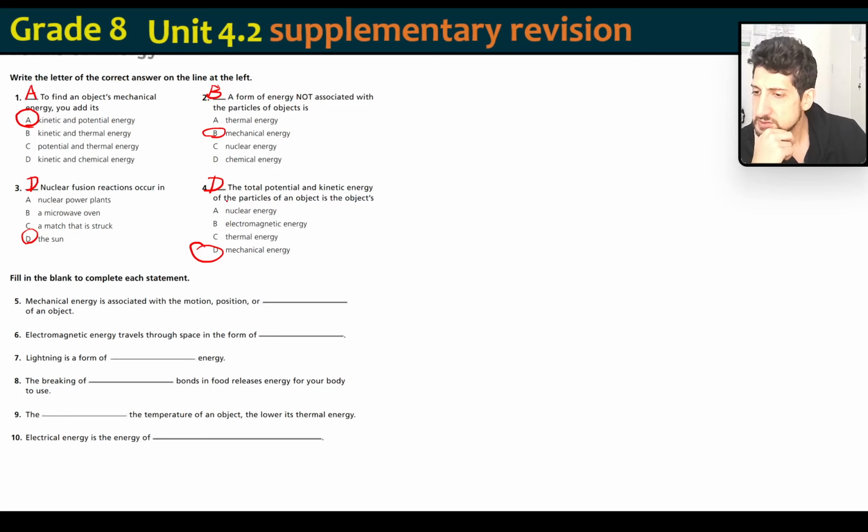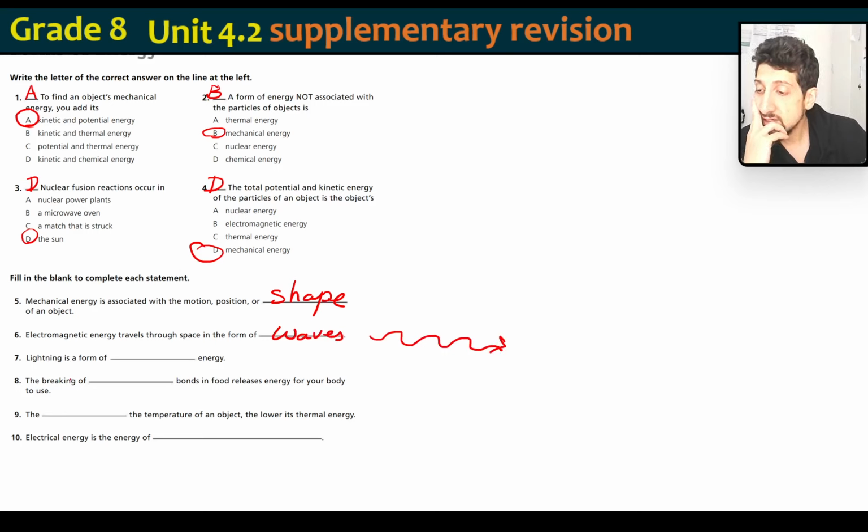Mechanical energy is associated with motion, position, or shape. Motion, position, or shape. Electromagnetic energy travels through space in forms of waves. We're talking about light here, and light travels through space in forms of waves.